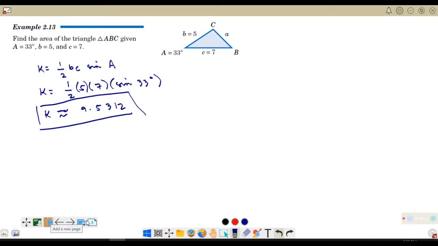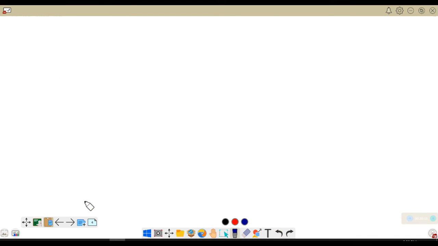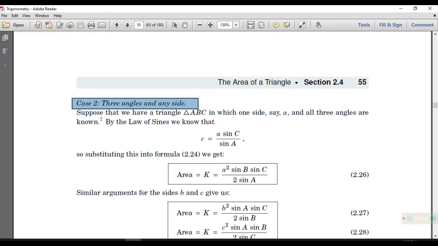Lagay ko muna siya dito. Suppose that we have triangle ABC in which one side, say for example A, and all 3 angles are known. By the law of sines, we know that. So, explain muna natin ito.